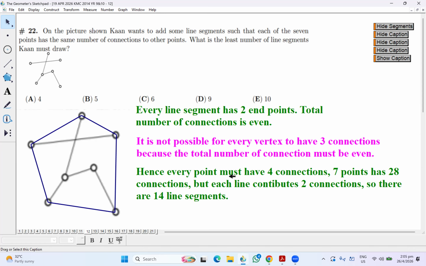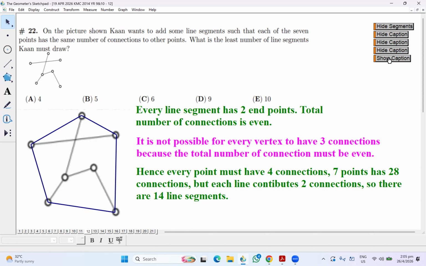So every point must have 4 connections. We want the least, so we don't increase a lot. Increase by 1. Then 7 points will have 28 connections. But each line contributes 2 connections, so there must be 14 lines. 14 lines, 28 connections.